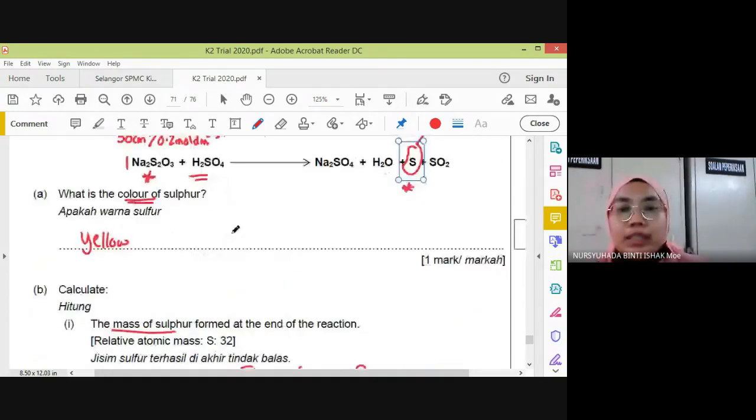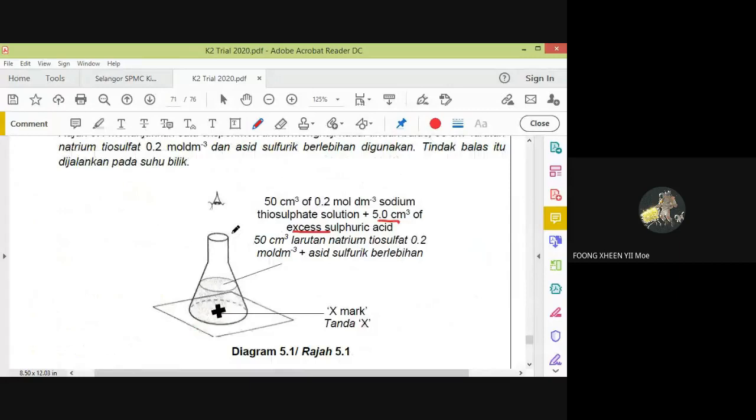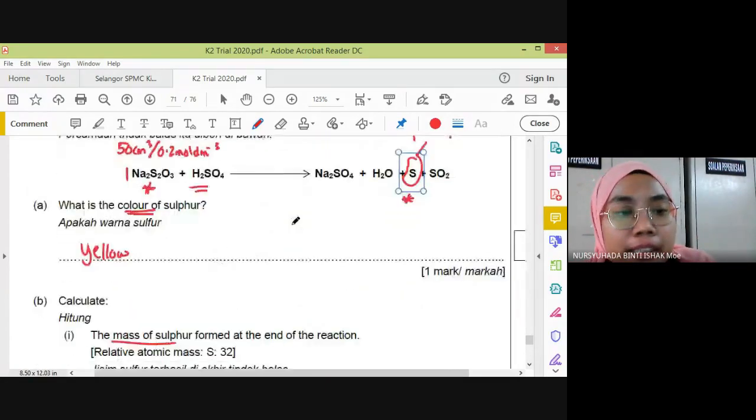Kenapa we don't use sulfuric acid to compare with sulfur? Tak bagi mole. Sebab kamu tengok sini, dia guna excess sulfuric acid. So we cannot compare when use excess sulfuric acid. Kita tak nak kira kan.